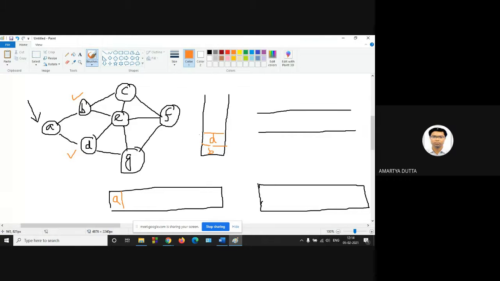G and E. So from D, now explore D, because D is the topmost element. So delete this D here first and check whether your D is in the visited array or not. Not there, so put your D.